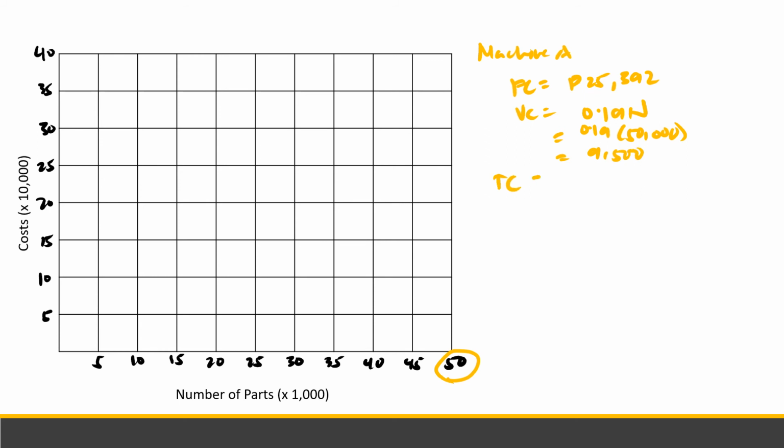So the total cost for machine A will be equals to 25,392 plus 9,500 is 34,892. So first is a fixed cost of 25,392. So siguro around here sa 25. So ganyan. So the total cost is 34,892. So siguro more on mga 35,000 na siya. So that is for the machine A.